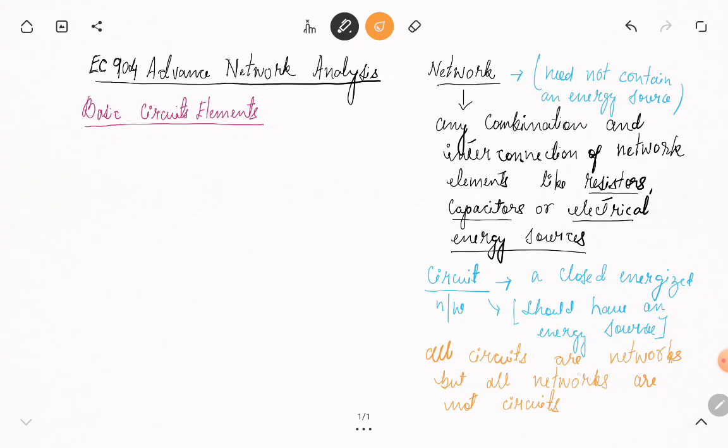All circuits are networks, but it is not necessary that all networks are circuits. So please note this one: what is a network, what is a circuit.